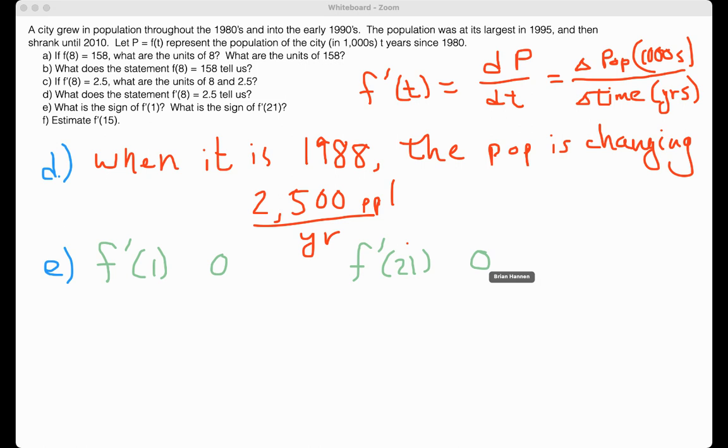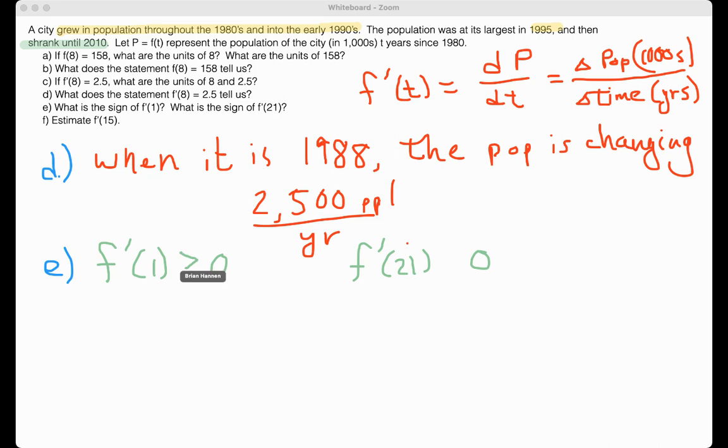Well, I got to tell you, the instructions up top are telling me that the population was at its largest in 1995. It grew in population through the 80s and into the 90s, all the way up to 1995. And then at that point, it shrank until 2010. So when we're looking at a 1 here, that means 1981.